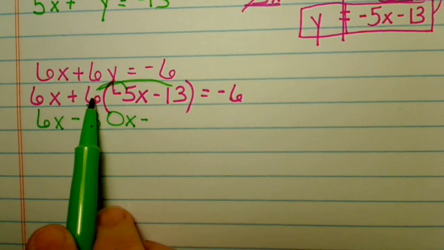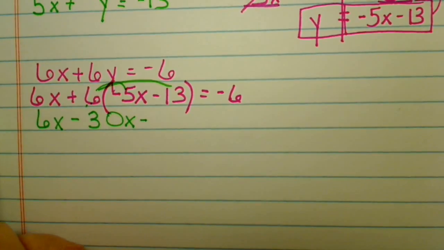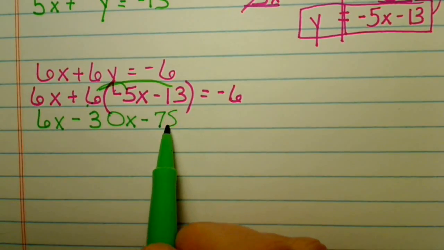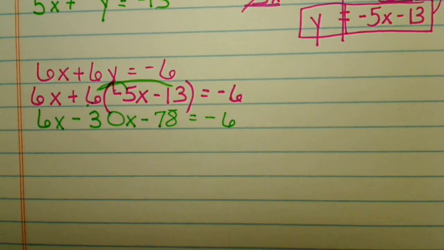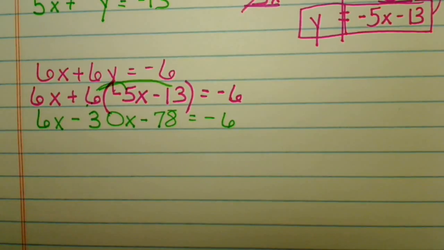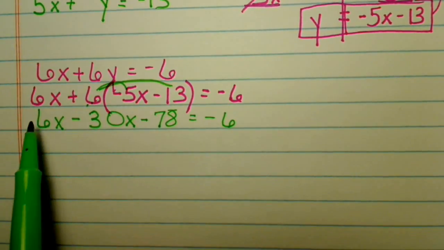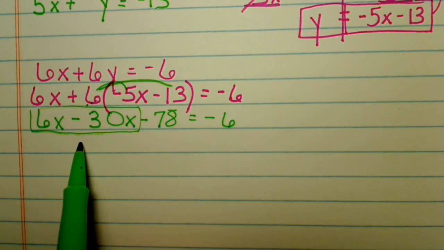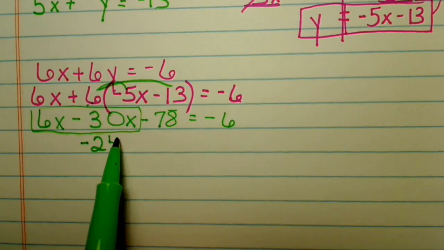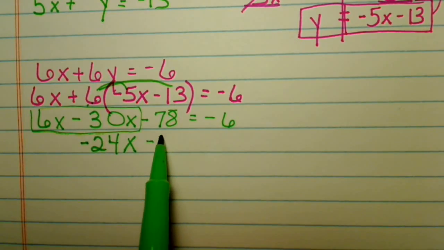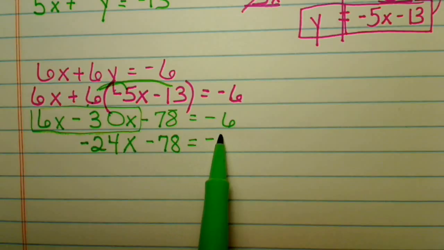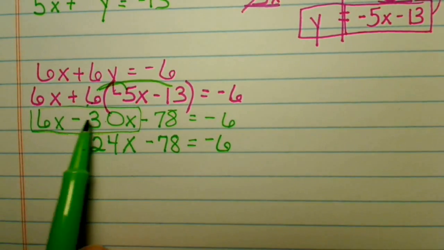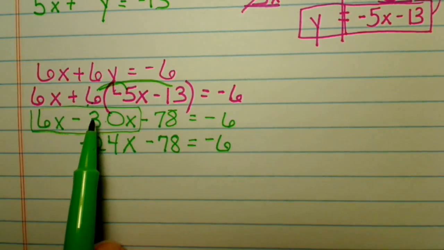And then 6 times 13 gives you 78, equals -6. All right, now it's time to combine like terms. So let's combine those, and that gives you -24x. Bring everything else down. If you are combining unlike signs, you subtract and they get the sign of the larger.